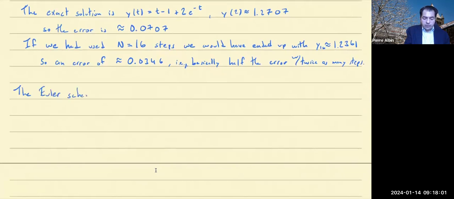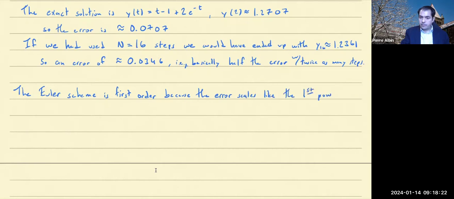The Euler method, or the Euler scheme, is a first-order method because the error scales like the first power of the step size, so delta t raised to the 1.